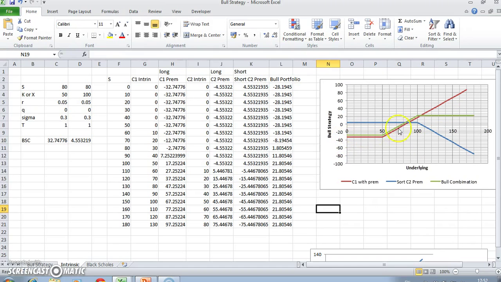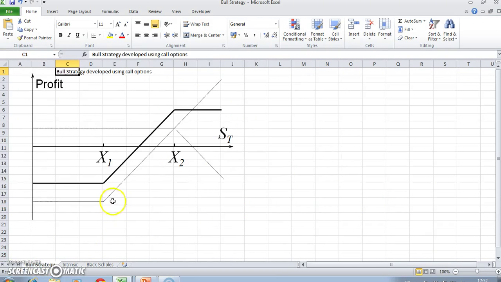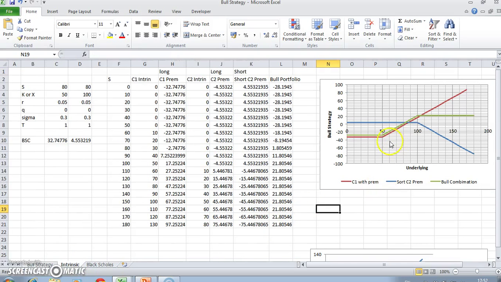We can see how the pattern is somewhat similar. Okay, so we've x1, x2, 50 and 100. So this is x1 and x2. The value of the stock is currently somewhere between the two.